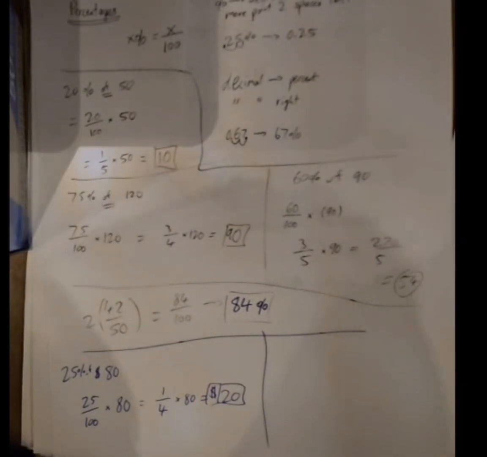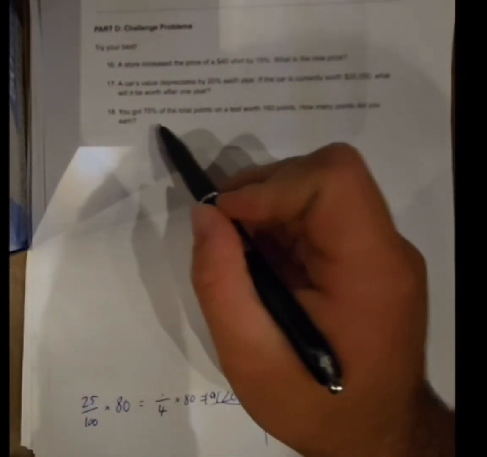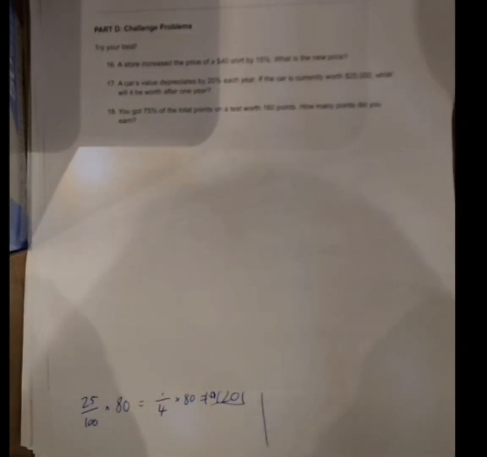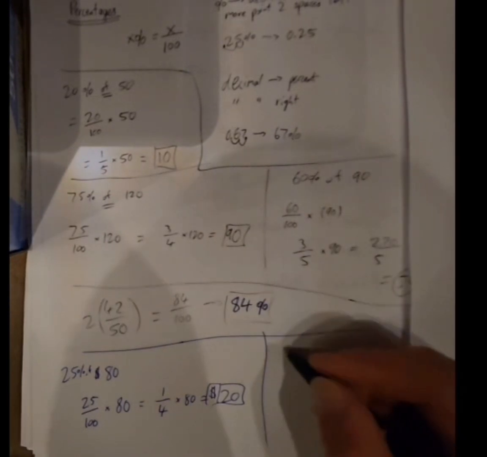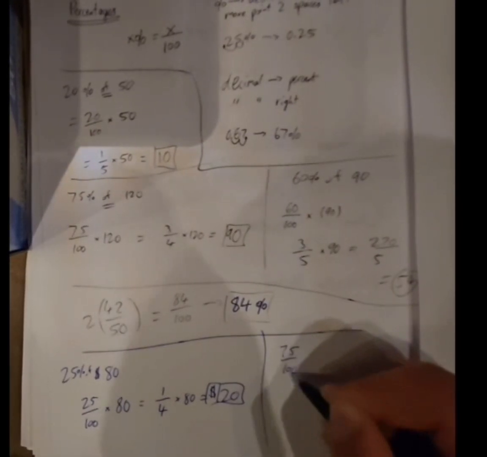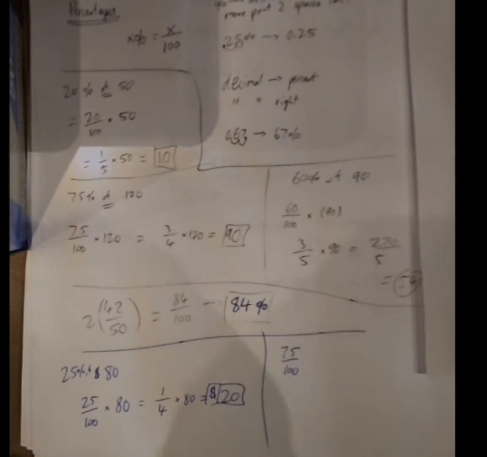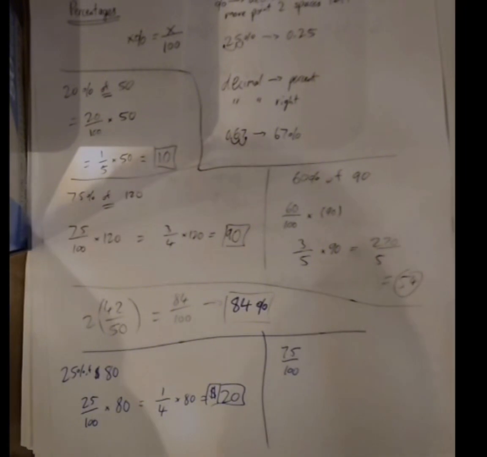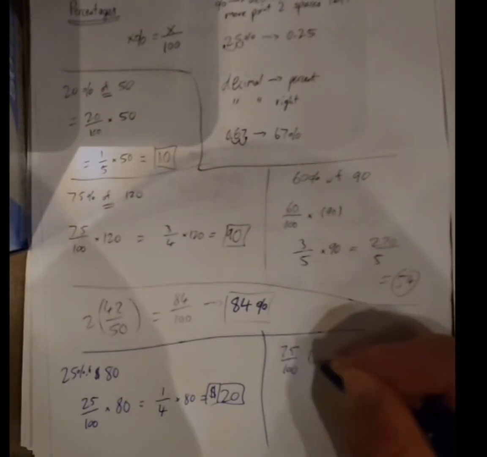So a little bit more difficult word problem to end this video. You got 75% of the total points on a test with 160 points. How many points is that? So, okay, 75%, just 75 over 100, and the test is 160 points. So what this is just asking for is, what is 75% of 160?